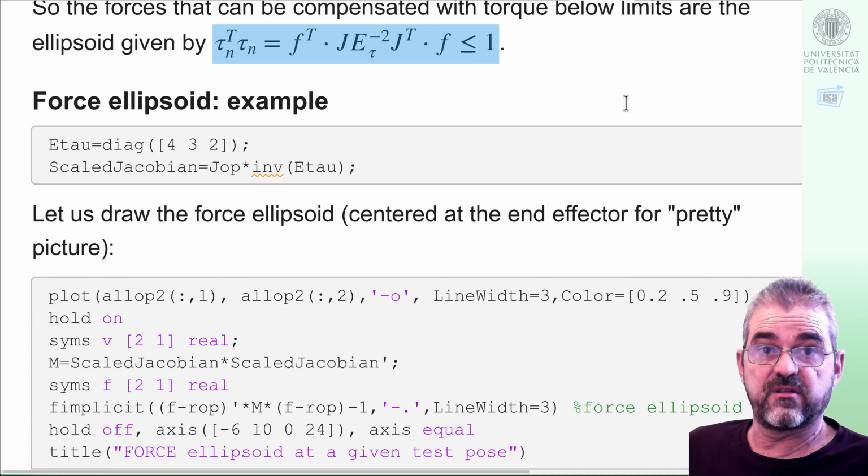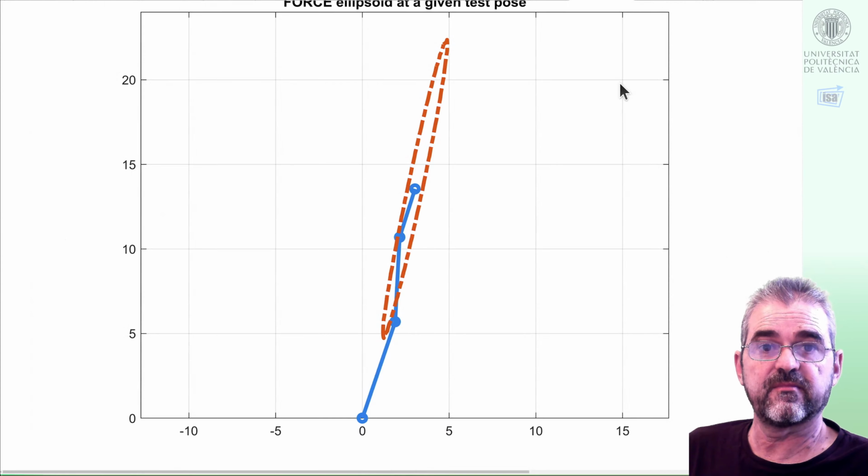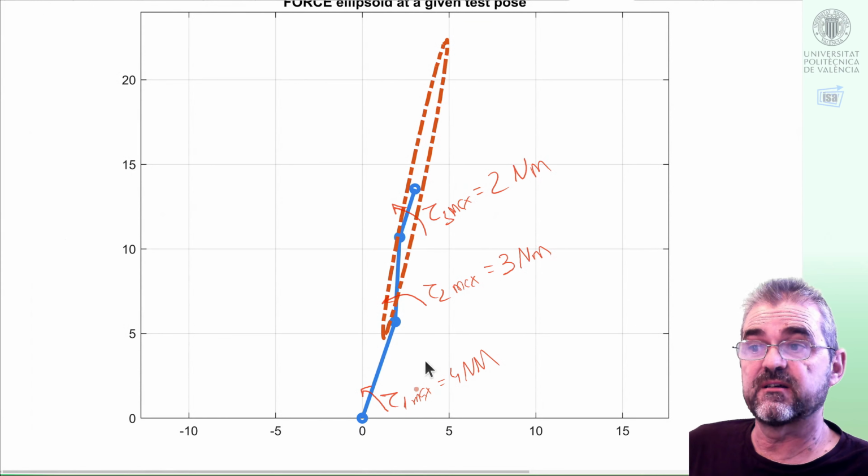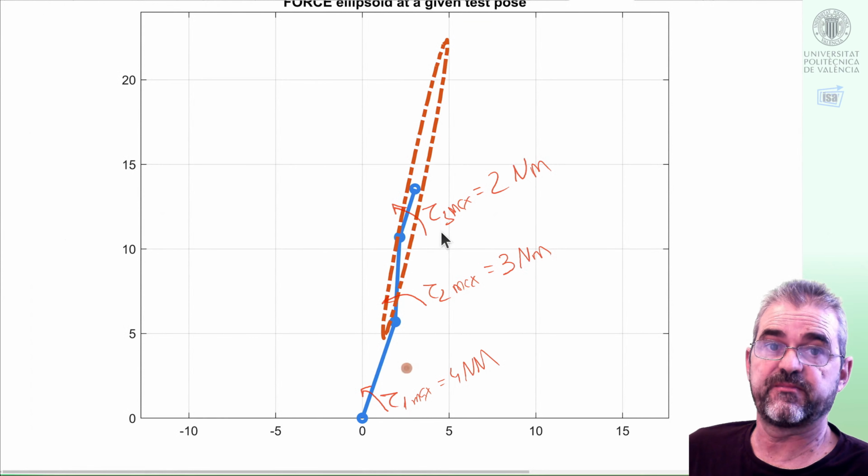And this was the inequality defining the force ellipsoid, which is the geometric locus of the feasible end-effector forces here, which could be counteracted by joint torques in these limits.